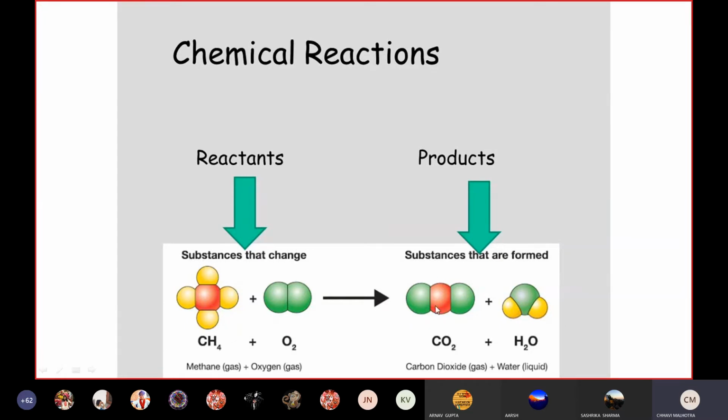In place of that, the carbon reacts with the oxygen. So you can see 1 red and 2 green atoms of oxygen, plus water. So how is water formed? 1 oxygen and 2 yellow hydrogens. So the atoms are rearranging. No atom is lost here, students.